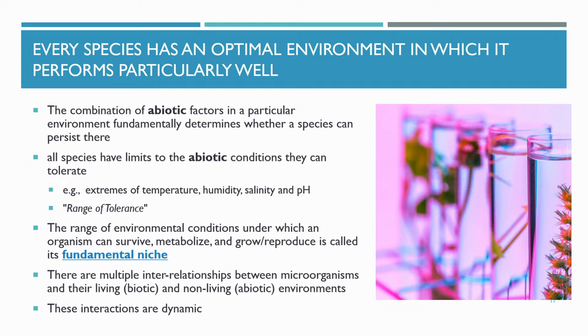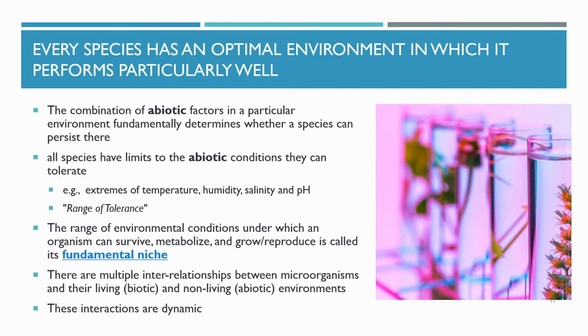And so, like I said, all species have limits to the abiotic or non-living conditions that they can either tolerate or not tolerate. So some of those features are extreme temperatures, humidity, salinity, pH, and we call that the range of tolerance. How tolerant those microbes can be to those abiotic factors.